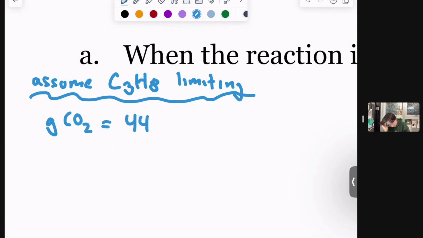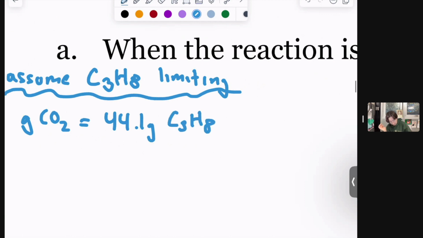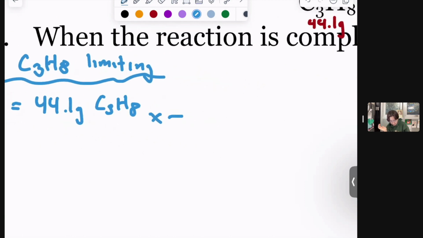So 44.1 grams of C3H8. I'm comparing two substances. I'm always going to want to go to moles so that I can do that. So using its molar mass, which is this.